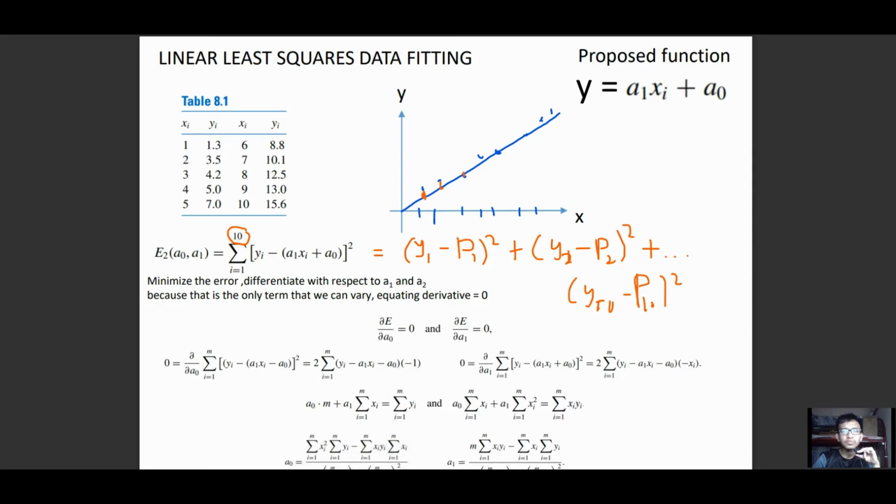Yes, you can also write it this way. And of course, I use p here to differentiate it from this y.